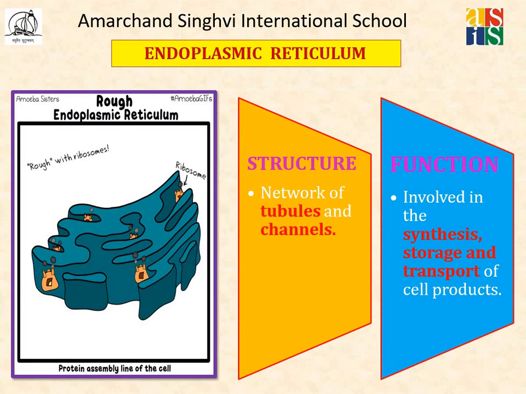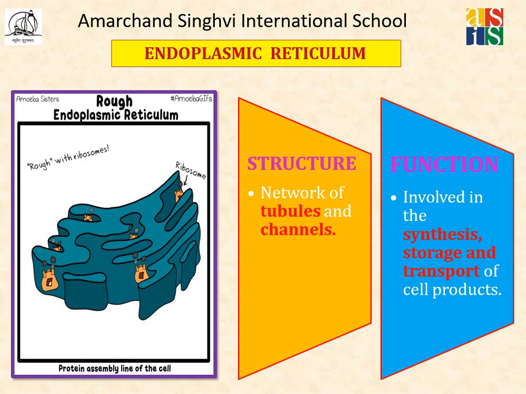The next organelle is endoplasmic reticulum. The structure of endoplasmic reticulum is made up of a network of tubules and channels. You can easily see in the picture how the tubules and channels are forming the network.